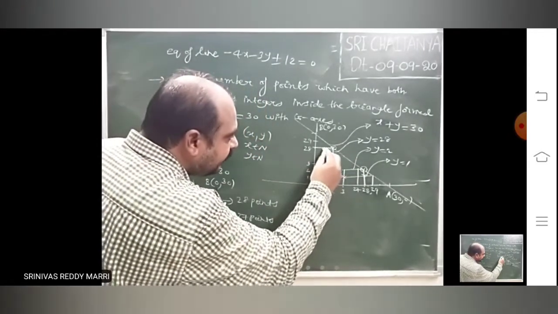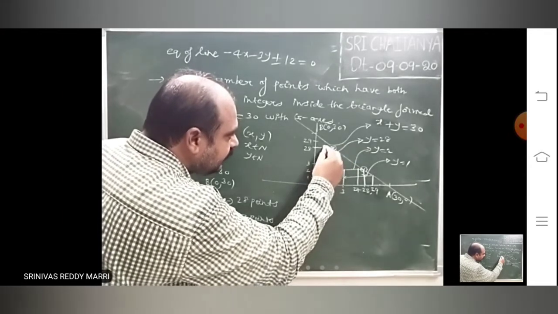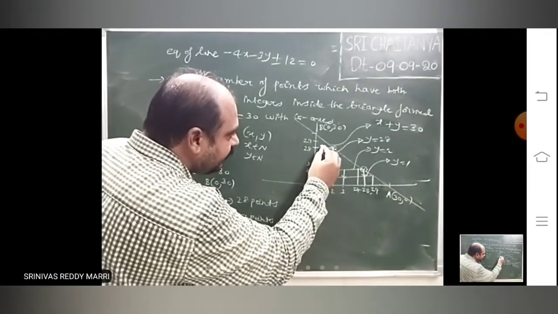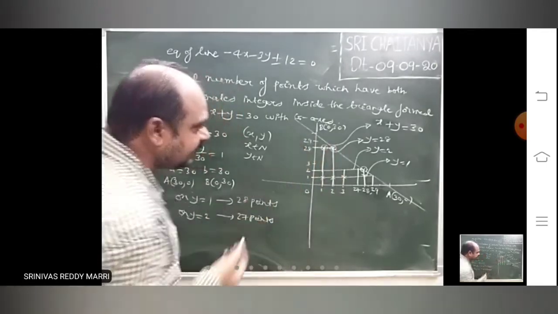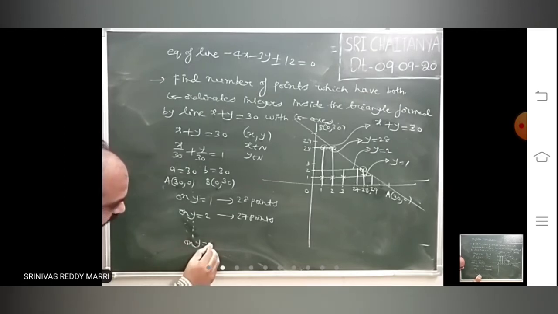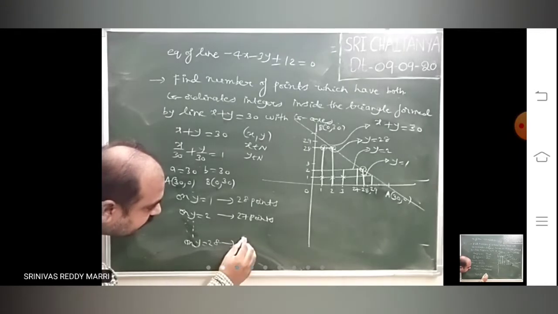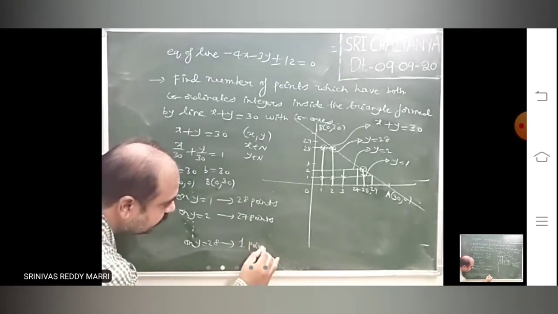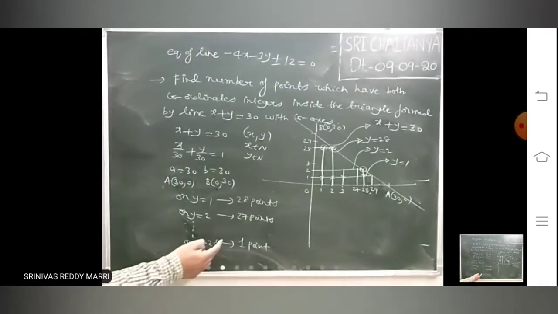What is the only point? Only point is this point 1 comma 28. So finally on y equal to 28, how many points are there? 1 point.